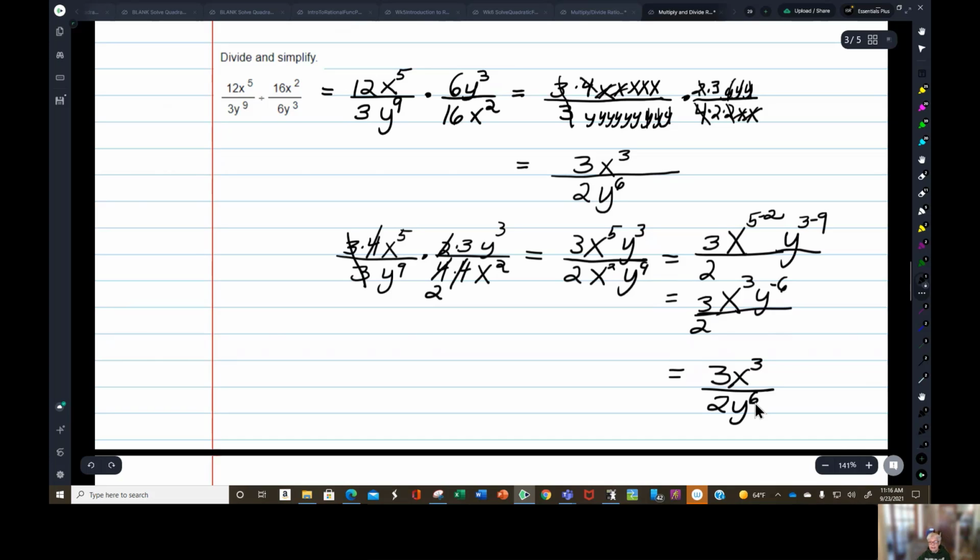The difficulty is what happens if you don't always remember the rules of exponents. Then you really have to switch to that method. I like this better.